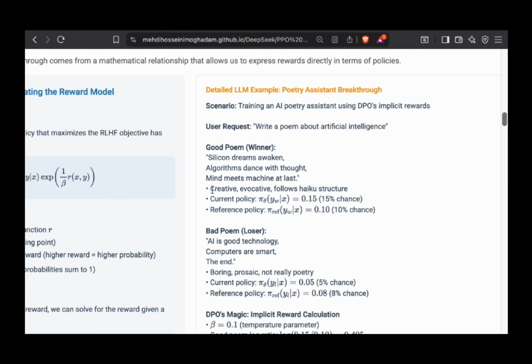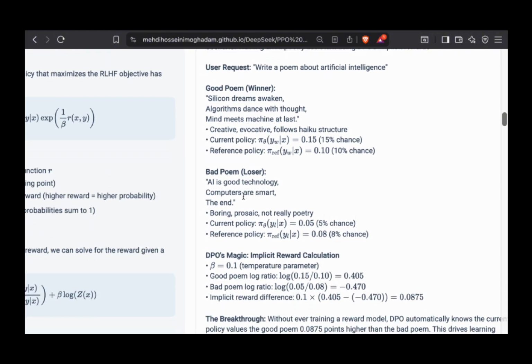This is kind of creative and follows haiku structure. The current policy, the reference policy, 15% and 10%, and a bad poem, let's say: AI is good technology, computers are smart, the end. Whatever. The current policy is 5% chance, the reference is 8%.